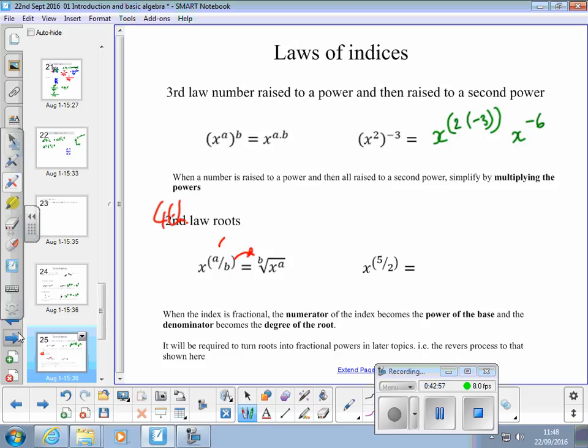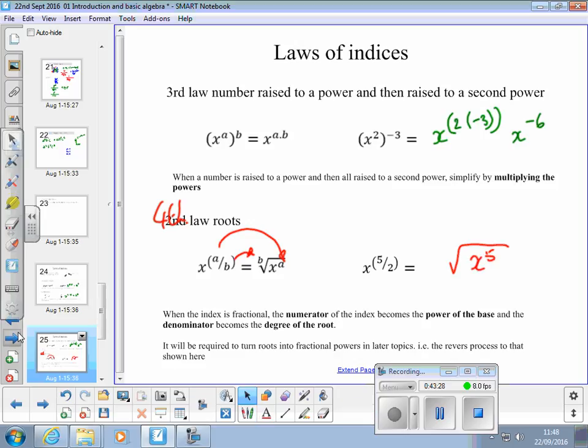The numerator is the index of the variable inside the root. So x to the 5 over 2 is equal to, with 2 as the denominator, just a plain square root. We usually don't write the 2 in there, by convention. If there's no number there, we know it's the square root of x to the power of 5.